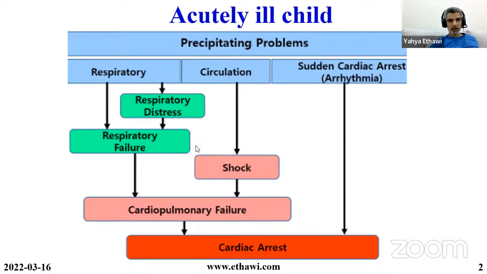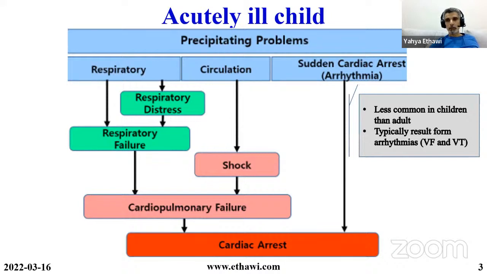So either we have respiratory distress, then failure, or right away respiratory failure, causing cardiopulmonary compromise and leading to cardiac arrest. Or we have a circulatory problem causing shock, leading to cardiopulmonary failure and then cardiac arrest. Or right away we have a rhythmic problem causing cardiac arrest. So the endpoint is cardiac arrest, but it can be respiratory, circulatory, or arrhythmic.